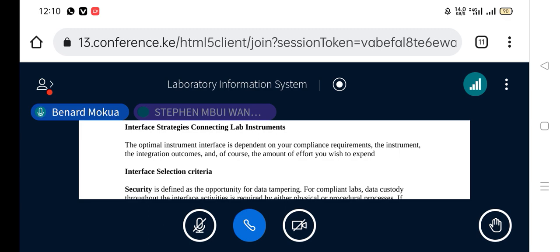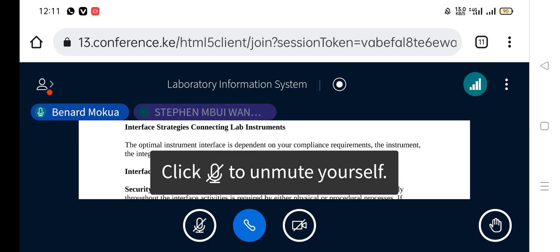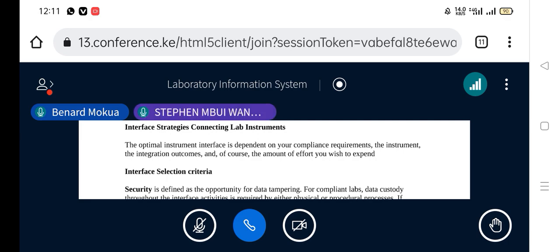So the whole purpose of integration is to achieve accuracy, to achieve precision, and to make sure results are out in the shortest time possible. That is the whole purpose of integration, and that's one way of enhancing the accuracy of our results from the lab.